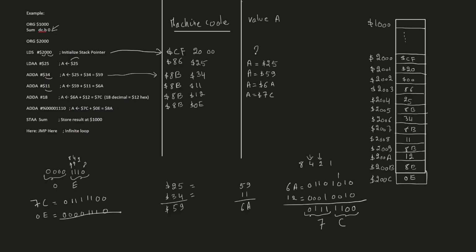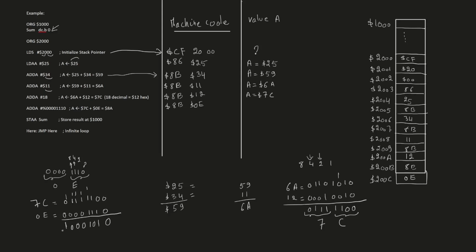Now we can add them. 0 plus 0 is 0. 1, you get 0 with carry 1. 1 plus 1 plus 1 is 1 with carry 1. 1 plus 1 plus 0 is 0 with carry 1. 0 with carry 1, 0 with carry 1, and then 1.